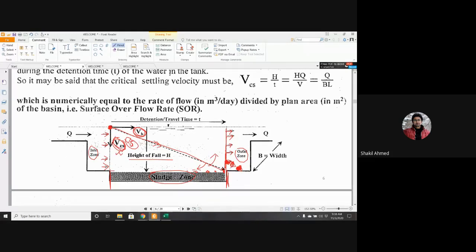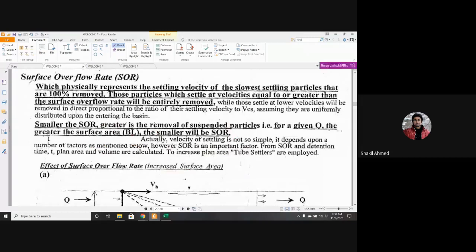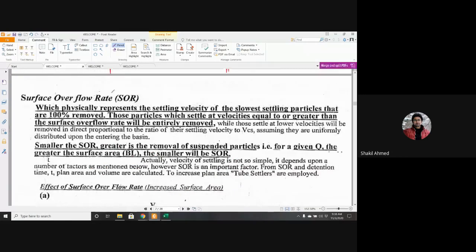So we are calling this the critical settling velocity, also called the surface overflow rate (SOR), which physically represents the settling velocity of the slowest settling particles that are 100% removed. Those particles which settle at a velocity equal to or greater than the surface overflow rate will be entirely removed.